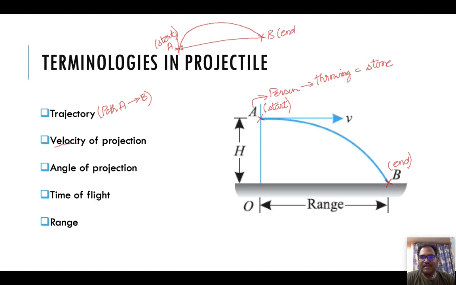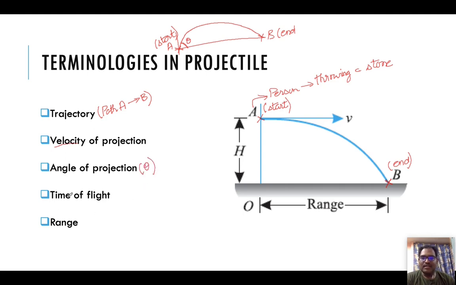The particle is thrown from this point, it reaches a height and then it travels back to the ground, or basically the ending point. So this particular angle that is created is referred to as the angle of projection. This theta over here is the angle of projection.